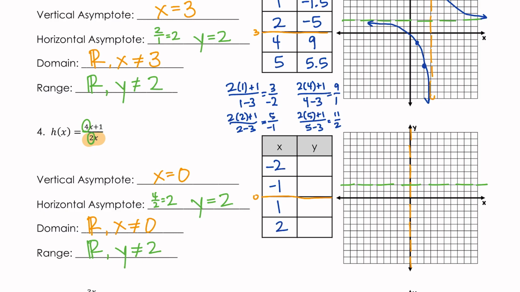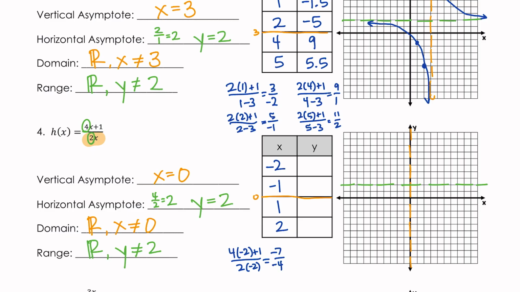I'm going to plug those x values into our equation to get the y values. So plugging in negative 2, I get 4 times negative 2 plus 1 over 2 times negative 2. So it's negative 8 plus 1 is negative 7, and 2 times negative 2 is negative 4.